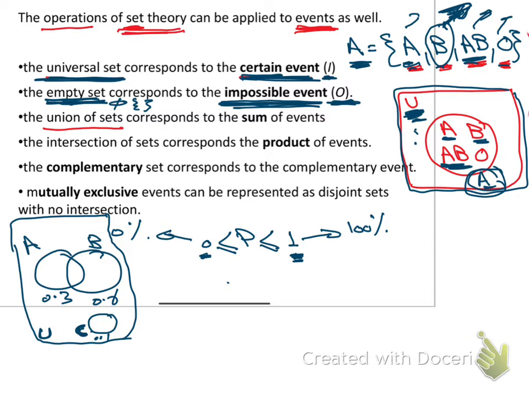For example, if I have set A and the probability of happening is 0.3, and I have set B and the probability of happening is 0.6, the total probability of A or B, which is A union B, means the element is in set A or in set B.